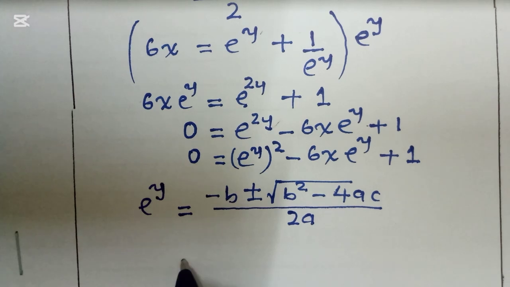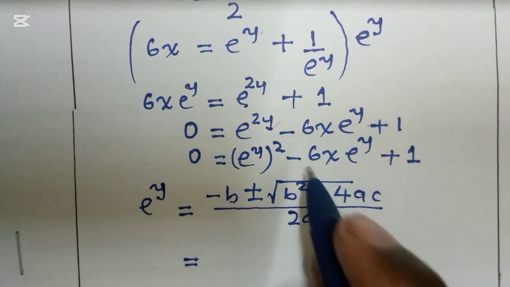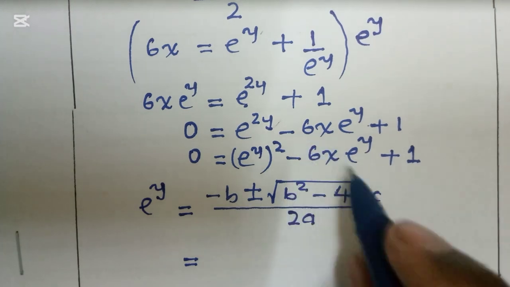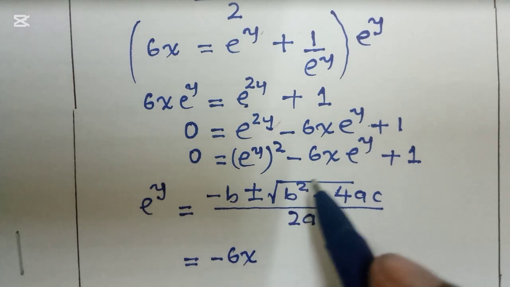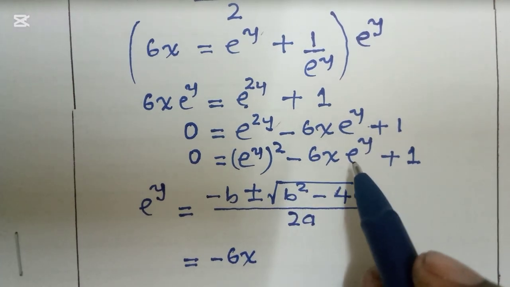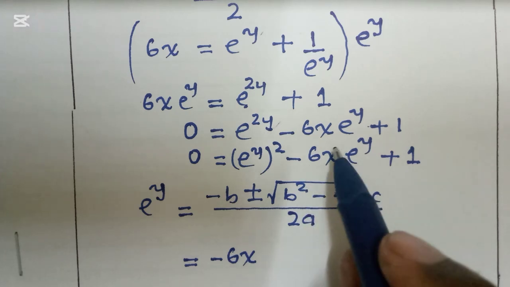So this one is now going to be: minus b is going to be minus minus 6x. We include the x because what we are looking for is e raised to y, so all the others we are assuming are constants.